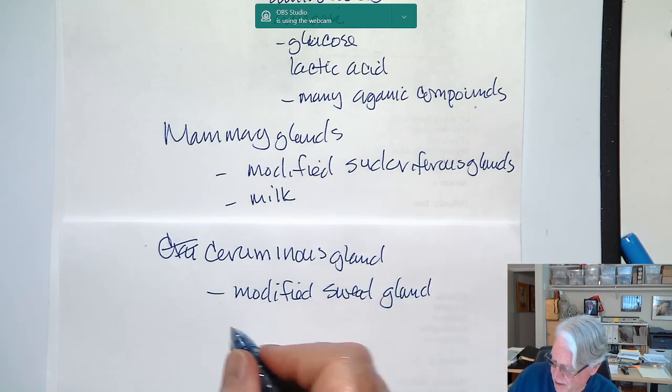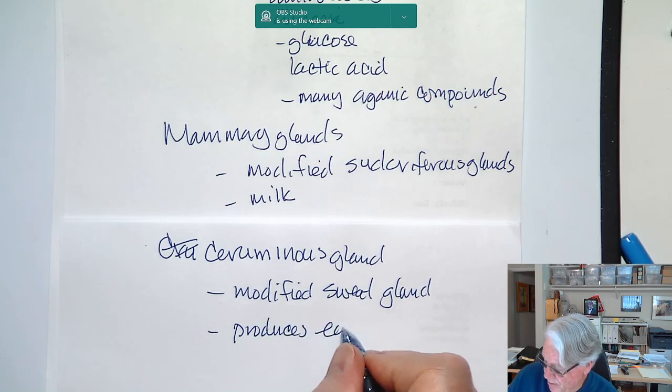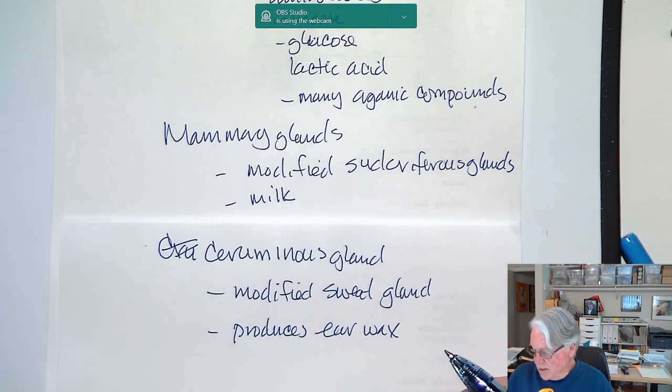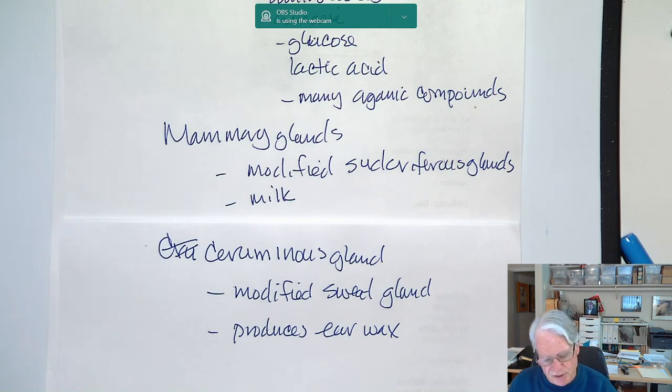Okay. And it produces earwax. The earwax has been found to have some anti-insect repellent qualities to it. So, again, this is trying to protect ourselves from the invasion of insects into our ears.